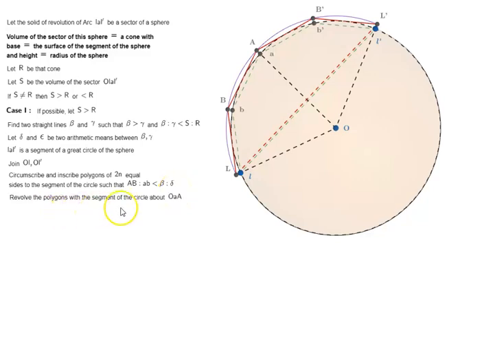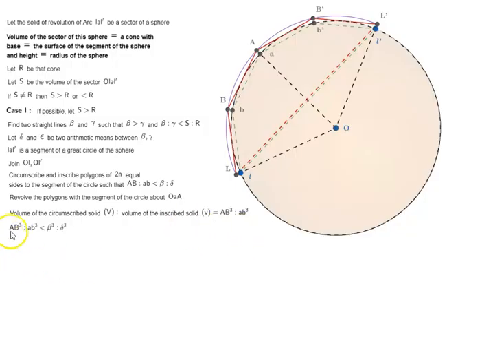Revolve the polygons with the segment of the circle about OA. Once we have done that, we know that the volume of the circumscribed solid, let's say capital B, is to the volume of the inscribed solid, let's say lowercase b, is equal to AB cube is to AB prime cube. We have seen this in a previous proposition.